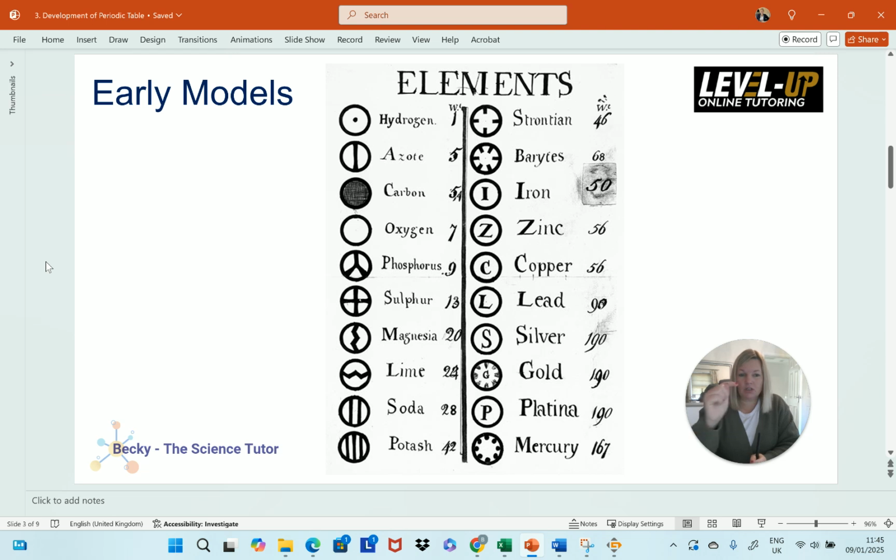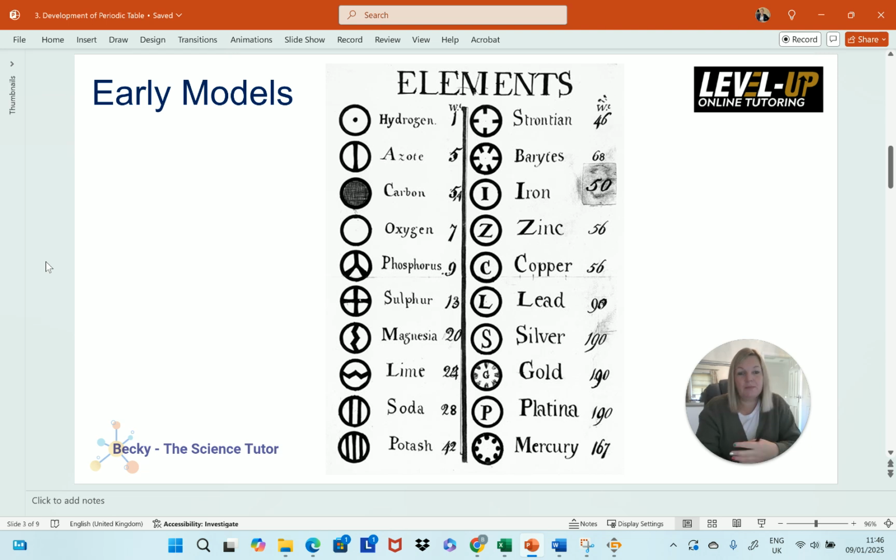It's quite easy just to look up and down that table and to find zinc and to recall the data from it. We didn't know anything else. We didn't know about protons, neutrons or electrons. So there wasn't really anything else to do. So in the early models, we simply just listed them in order of their mass.